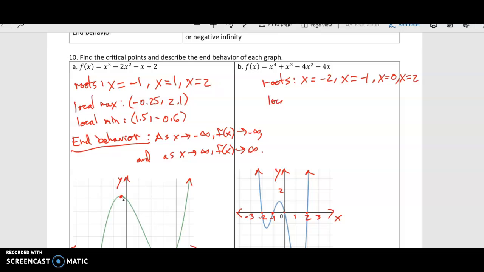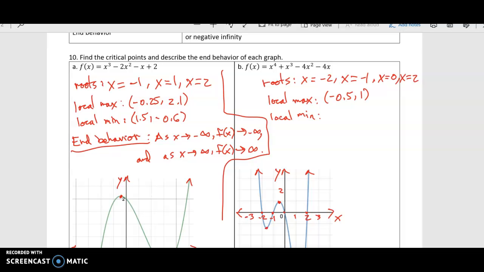What's the local max? And what order you list the local max and min doesn't really matter. Local max is right here. If you hovered over that, Desmos would tell you that's -0.5, comma 1. Local min, in this case there's 2 of them.